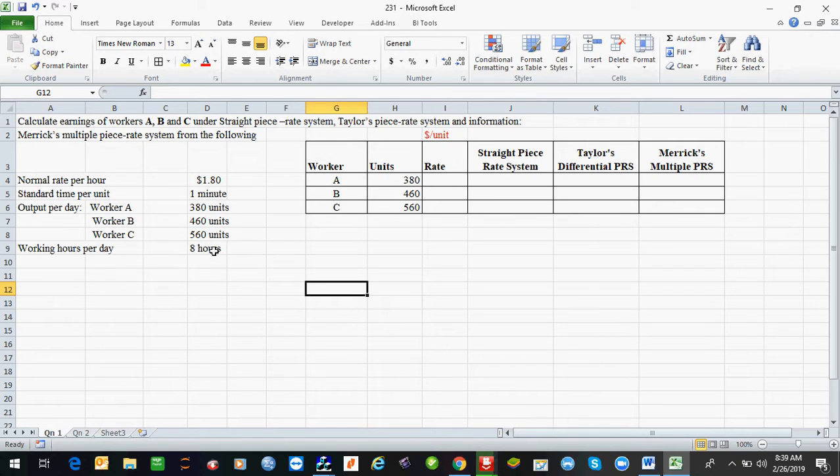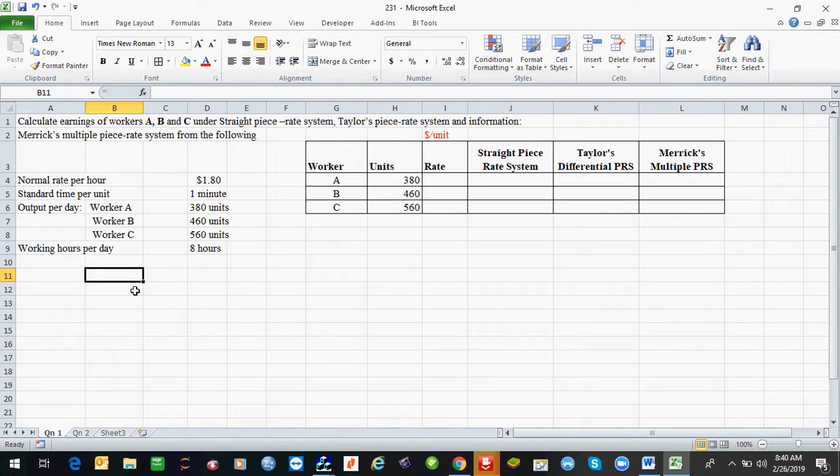Working hours per day is 8 hours. So we have to know the standard production, the normal production for the day, because the working hours per day is 8 hours.